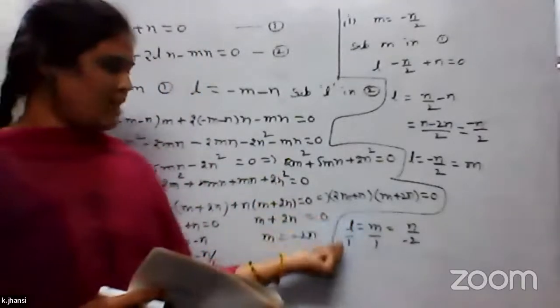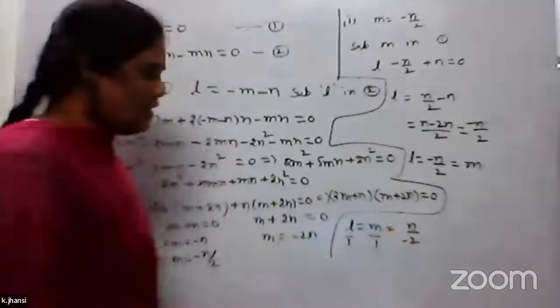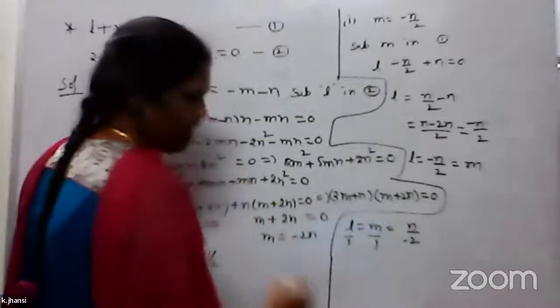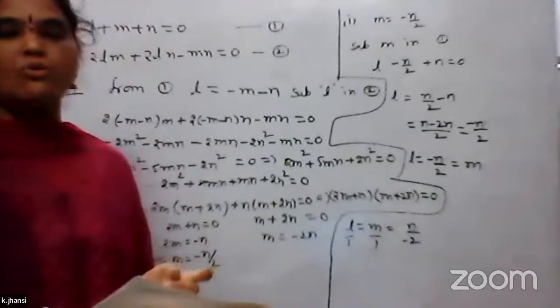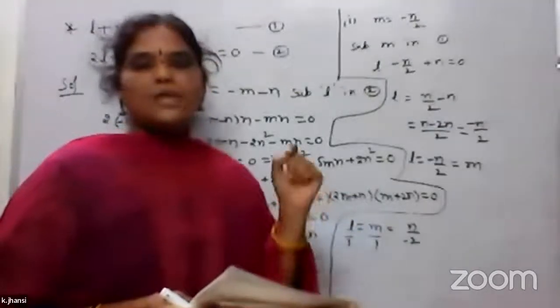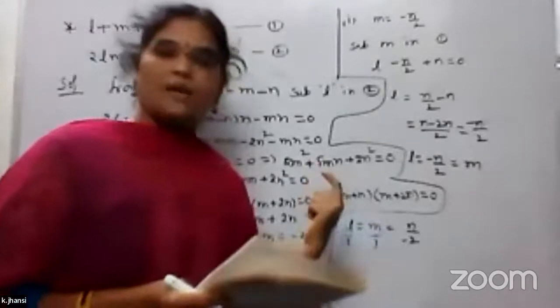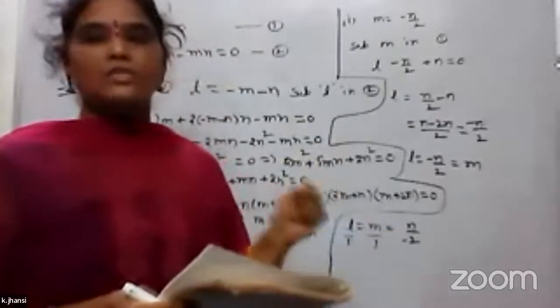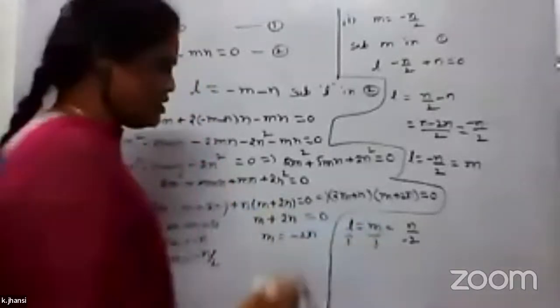We have the relation L by a equals to m by b equals to n by c. I have told that the relation between direction cosines and direction ratios is L equals to plus or minus a by under root of a square plus b square plus c square.